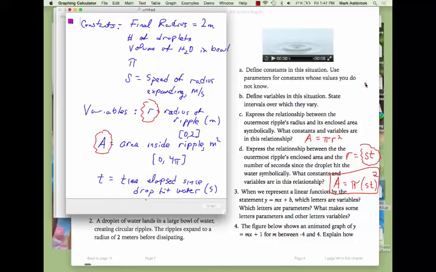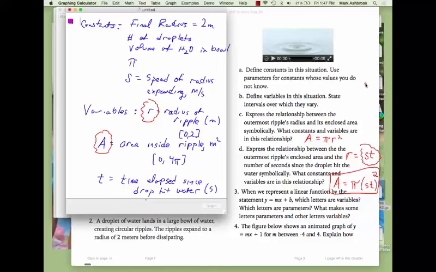Better stay constant all semester. And then what about S? It's a constant. That's what we assumed, that the radius was expanding at a constant rate. And time is a variable. Time is 0, then it's 1, then it's 2, then it's 2.5, then it's 3 seconds. Questions? Follow-up questions on number 2?